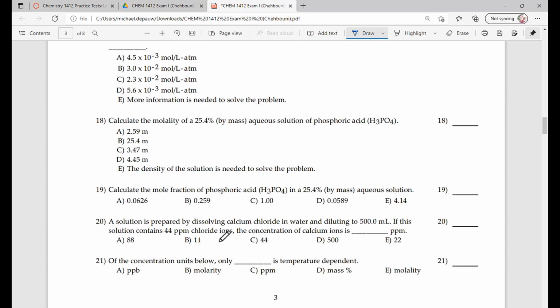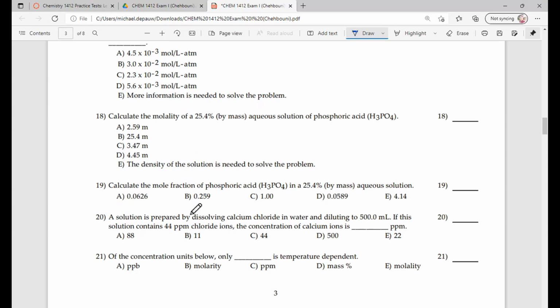Number 19. Calculate the mole fraction of phosphoric acid in a 25.4% by mass aqueous solution. So when converting these different types of units of concentration, the easiest thing to do is to write the definition of each of them and then kind of work your way around it from there.